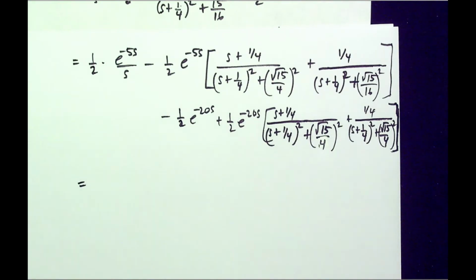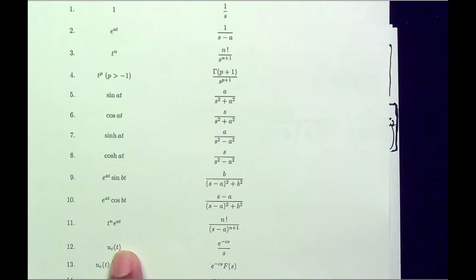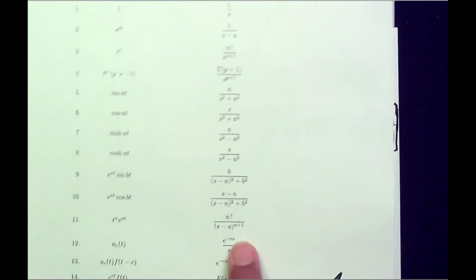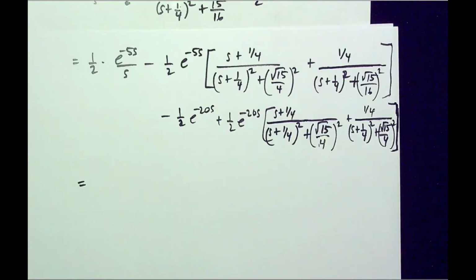Now let's see. Inverting the first one is the easy one. So inverting that one is just u5 because the c is 5. Because it says e to the negative 5s over s, that means the c is 5 in this one. So this is just going to be u5.